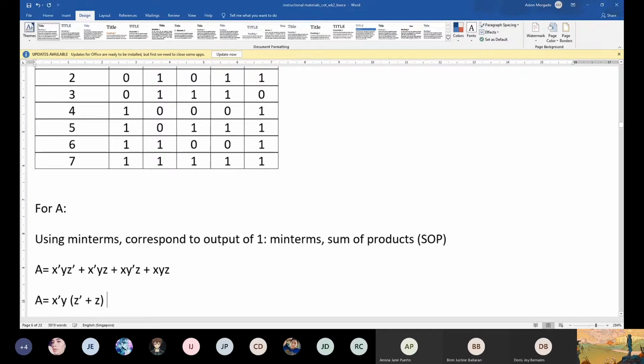What else? Plus x z times y prime plus y. So we have z prime plus z is equal to what?